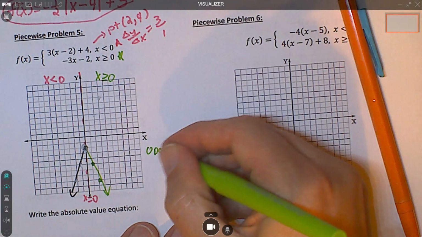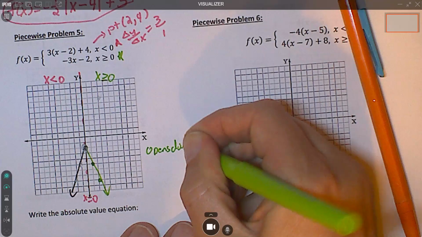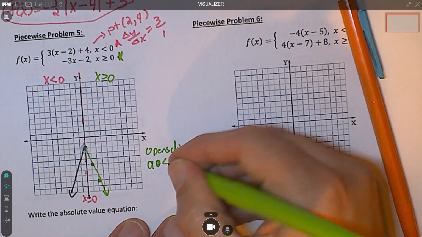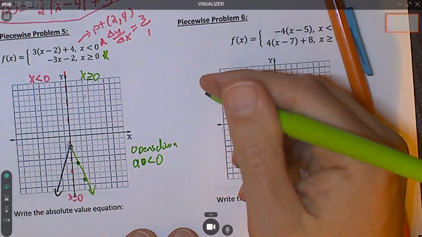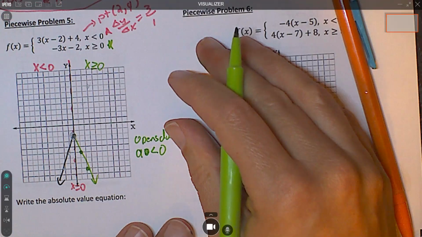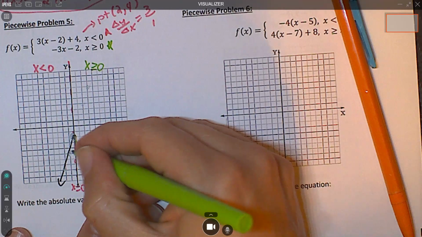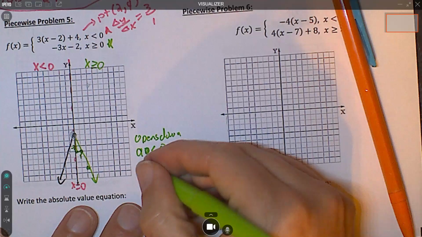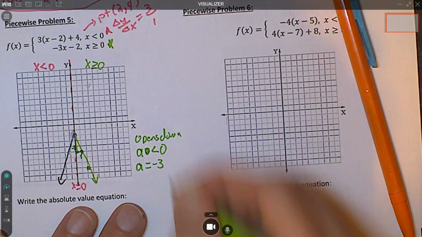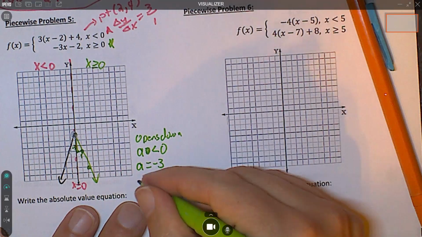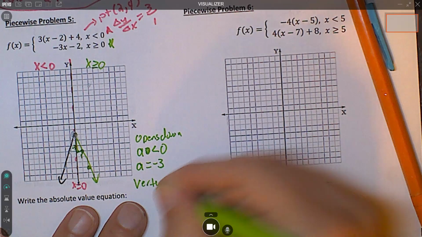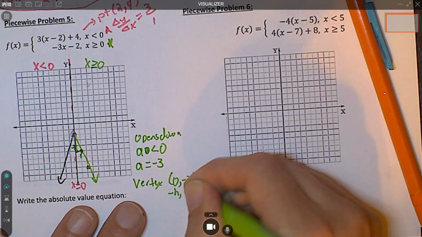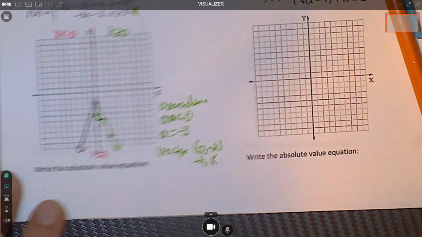Okay, it opens down. So a is less than 0. Okay, so that means a is down 3, right 1. It's whatever's to the right. Okay, so a is -3. Vertex opposite HK, so there's nothing there.